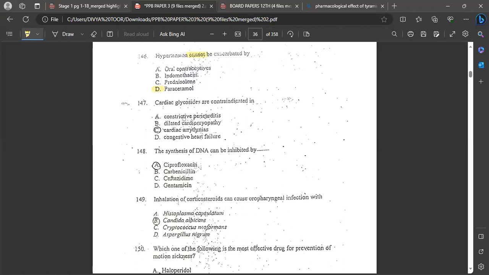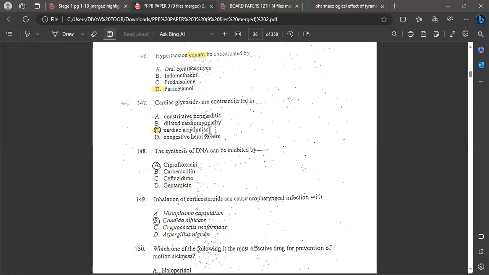Cardiac glycosides are contraindicated in constrictive pericarditis, dilated cardiomyopathy, cardiac arrhythmias, congestive heart failure. It's cardiac arrhythmias. Why would you say that?